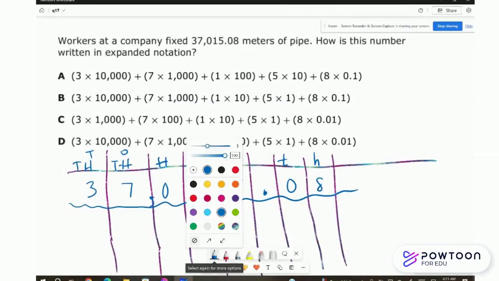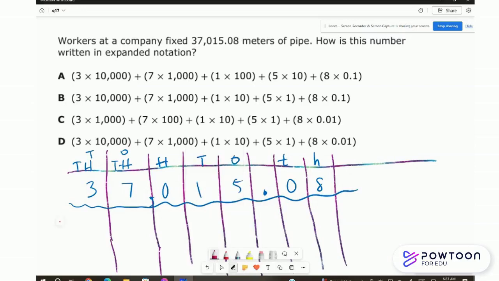Okay, so now let's try A. It says 3 in the 10,000s, 7 in the 1,000s, 1 in the 100, 5 in the tens, and 8 in the tenths.